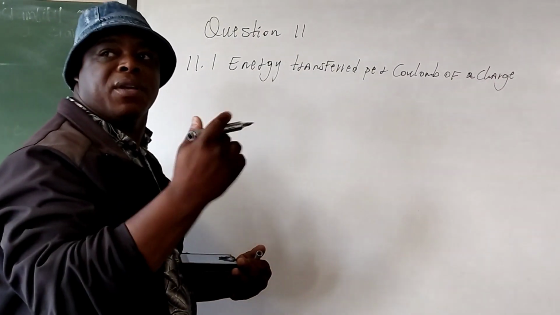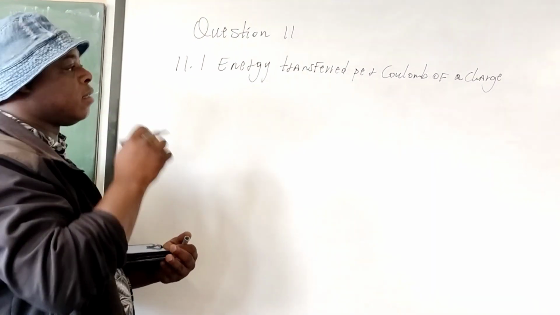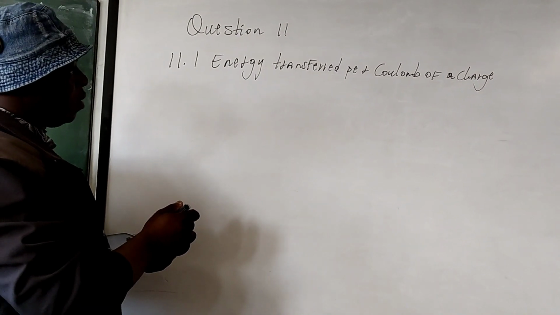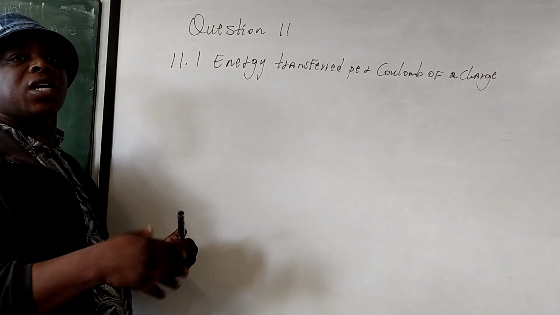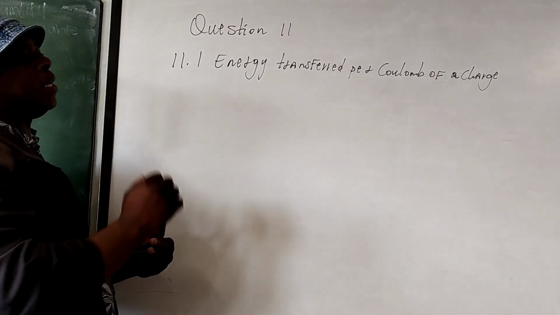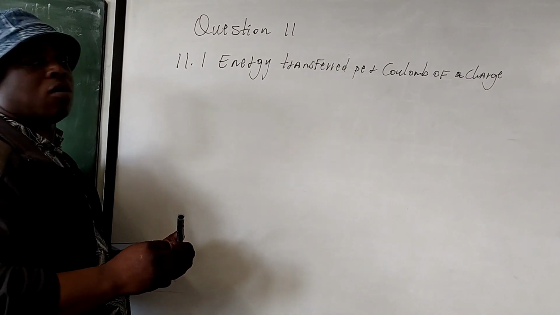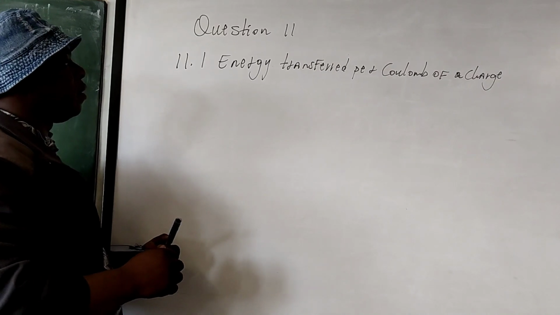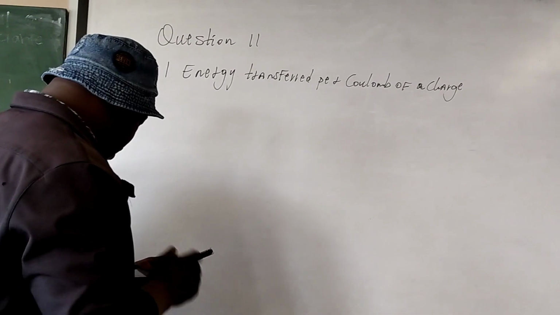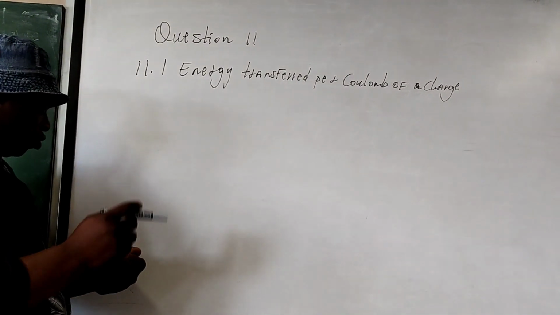Or you can just say per unit charge. That's also okay as well. So instead of saying per coulomb of a charge, per unit charge can still take the place of coulomb of a charge. Right? Okay, then we move on to number 2.